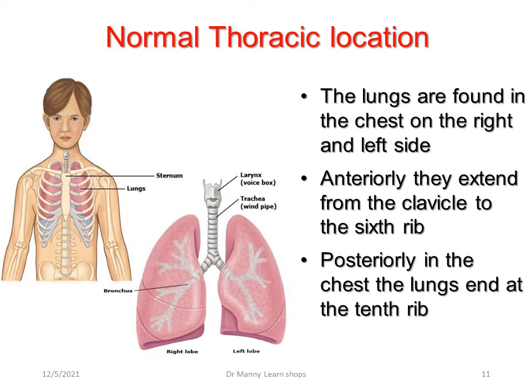The lungs are normally found in the thorax, the chest, one on each side, right and left. Anteriorly, they extend from the clavicle, apex, to the 6th rib, base. Posteriorly, the lungs extend or end at the 10th rib.